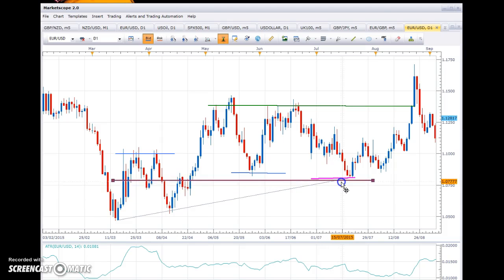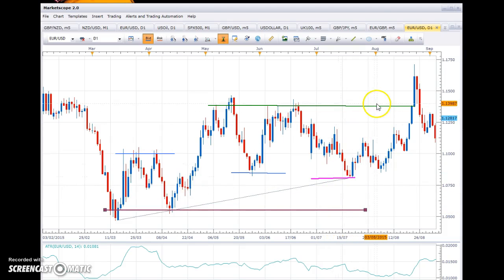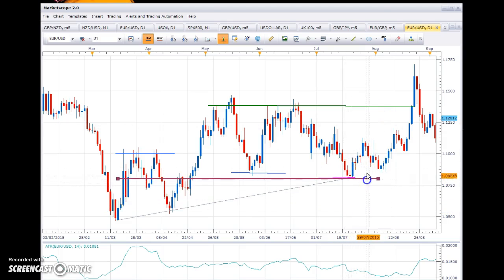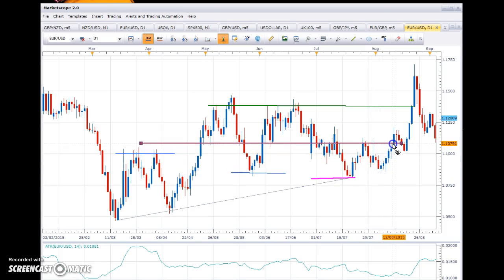What you want is to use a trailing stop loss when you have wider stops and wider targets like this, because if you've got a 500 or 600 pip target, by the time you reach half of it, you break even with your stop loss. And then if it gets further up, you start getting higher and higher. And if it reverses, you might even secure half of your position. So that's basically one way of using trailing stop losses versus fixed stop losses.